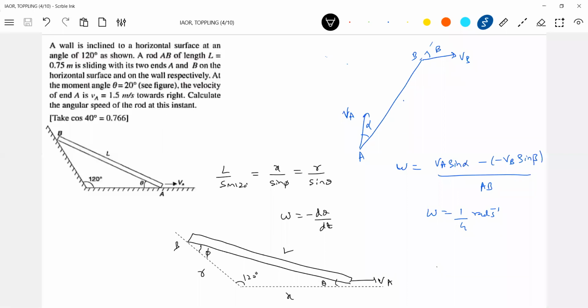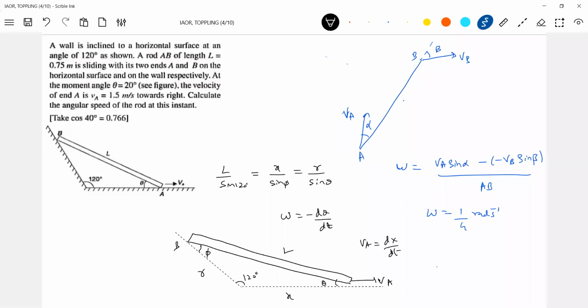So directly you can bring the omega. So differentiate this, bring theta, and calculate r from this. So omega equals d theta by dt, and dx by dt is VA. So I'll write it here.